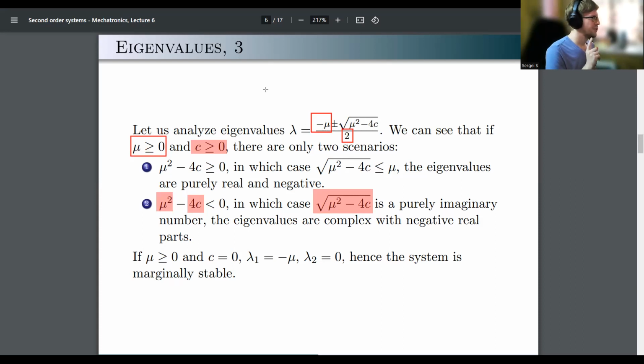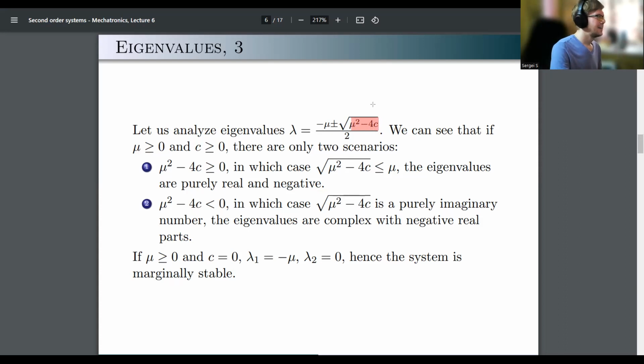So you see what happens. If this guy is positive or 0, we have negative and purely real eigenvalues. If this guy is negative, we get negative real part of the eigenvalues plus or minus imaginary part.